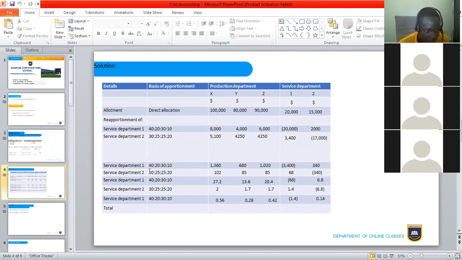So that will be 30 over 100 times 340. Anyone who is ready with the solution can give me the answer.